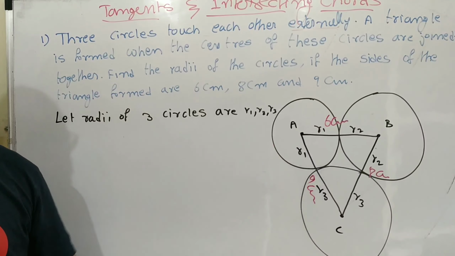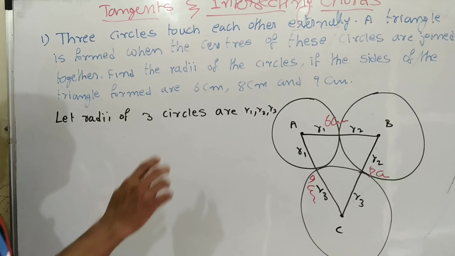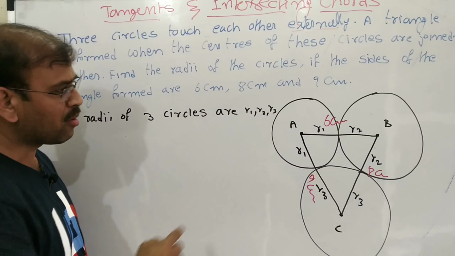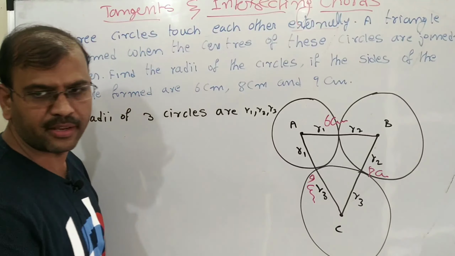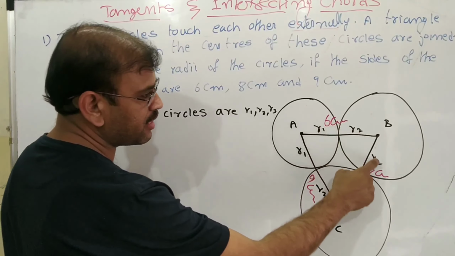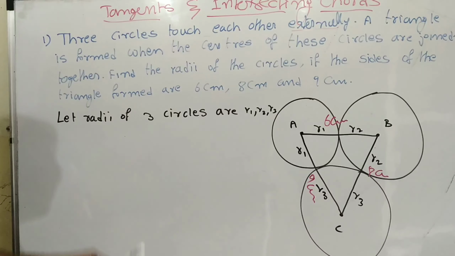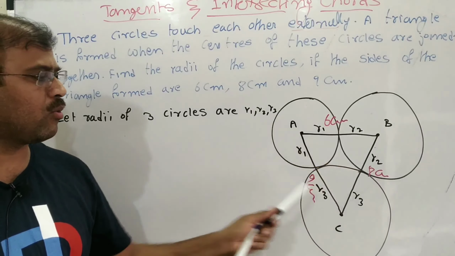These are the sides of the triangle. Now listen carefully. Three circles touch each other externally. When you join the centers of these circles, the lengths are 6 centimeter, 8 centimeter, 9 centimeter. We need to find the radius of the circles. So the radii we have considered as R1, R2, R3.